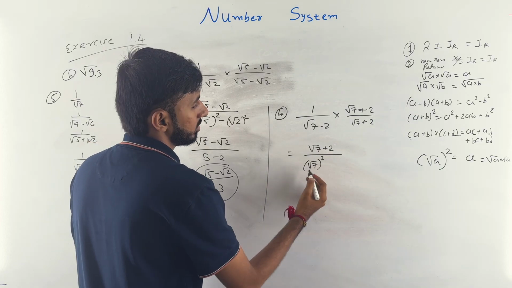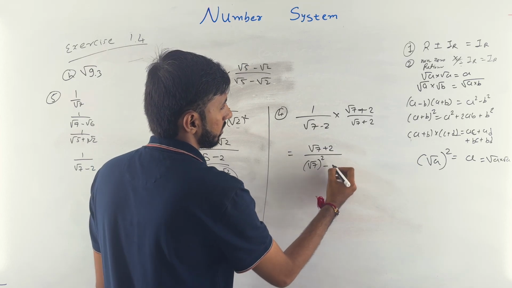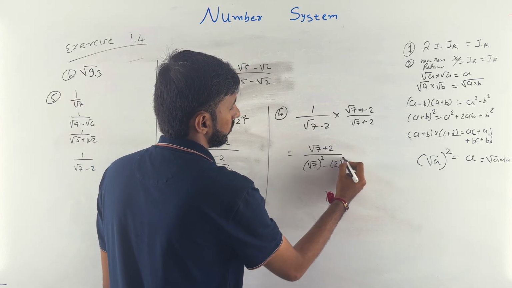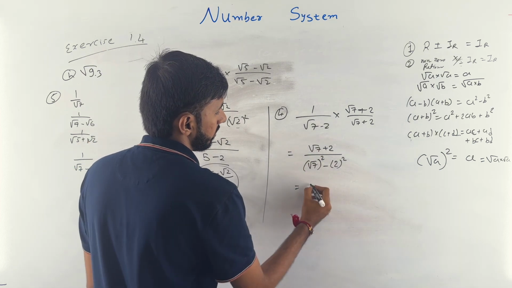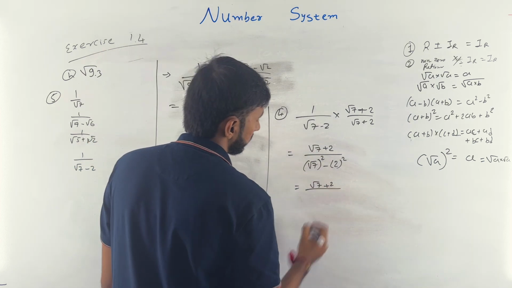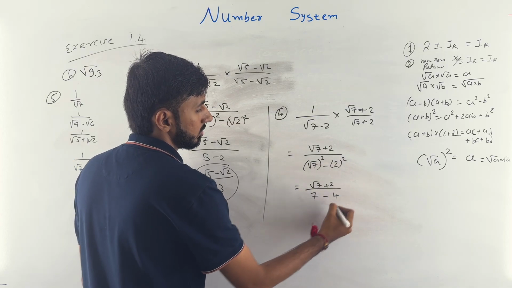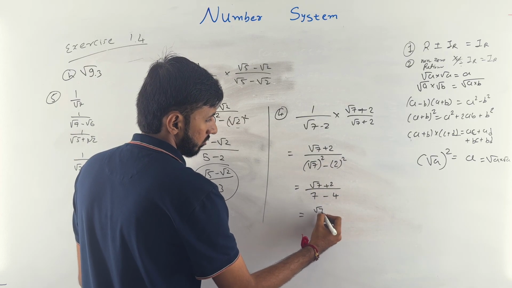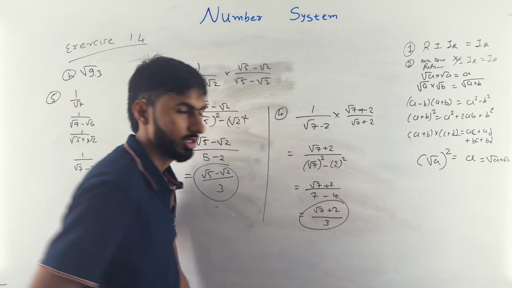Simply write root 7 in place of a, that is root 7 square minus b square, with 2 in place of b, so it is 2 square. The numerator, root 7 plus 2, will remain the same. Now in the denominator we have 7 here, and 2 square equals 4. So root 7 plus 2 divided by 7 minus 4, that is 3. So it is our answer.